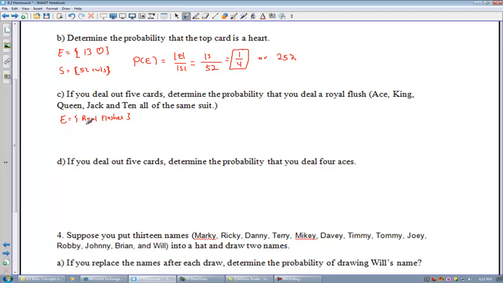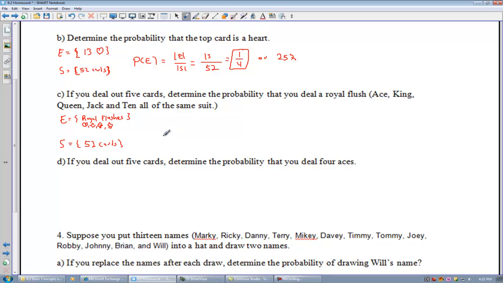So how many royal flushes do you have? It's just the number of suits: the royal flush with hearts, with diamonds, with clubs, and with spades. And then again, S is still all 52 cards.